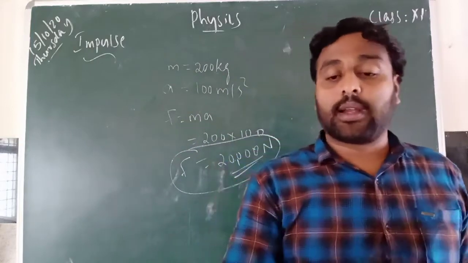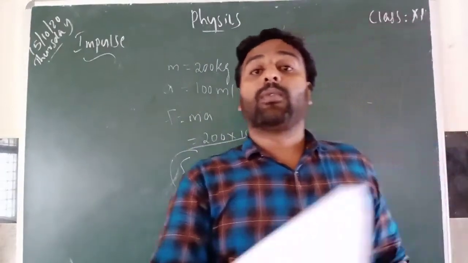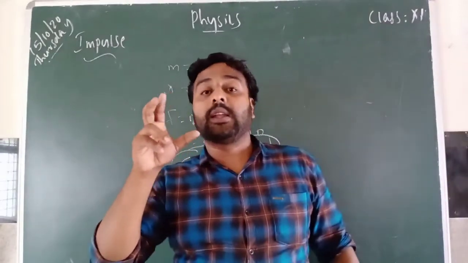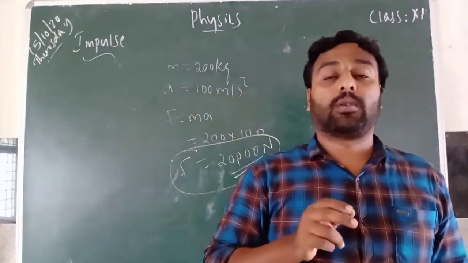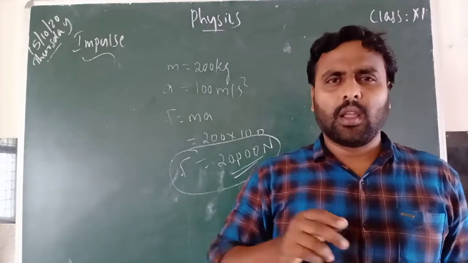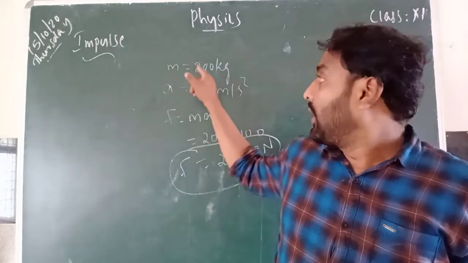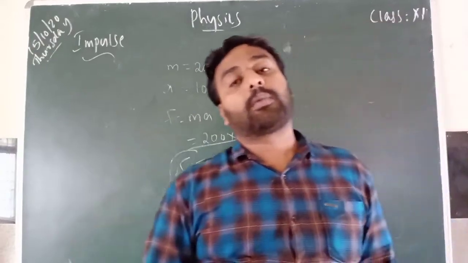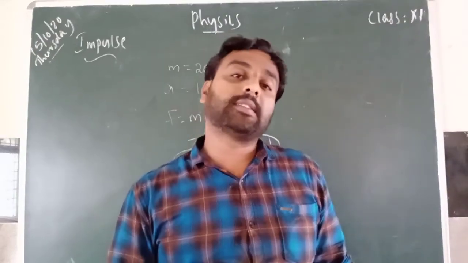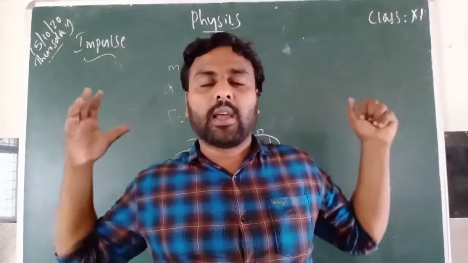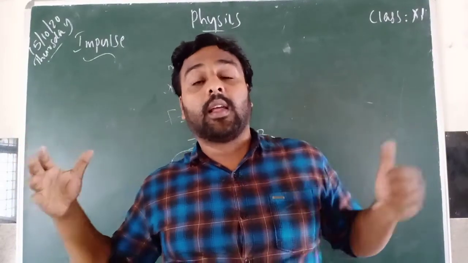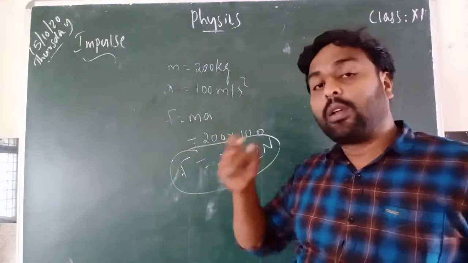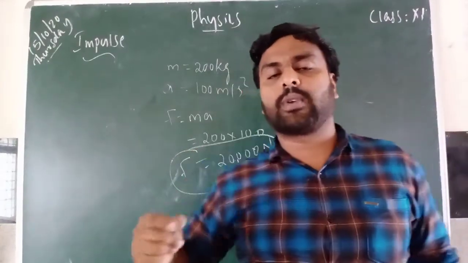You can see this on page number 133: a very large force acts on the object within a very short interval of time. This is what I said. A bike of 200 kg mass moving with 100 meter per second square acceleration, hitting a heavy bus or heavy vehicle, produces 20,000 Newton of force within a very short interval of time.